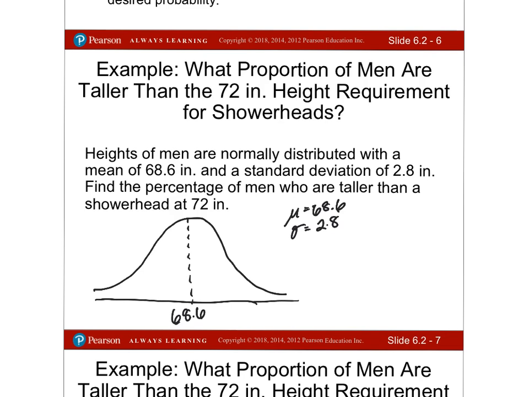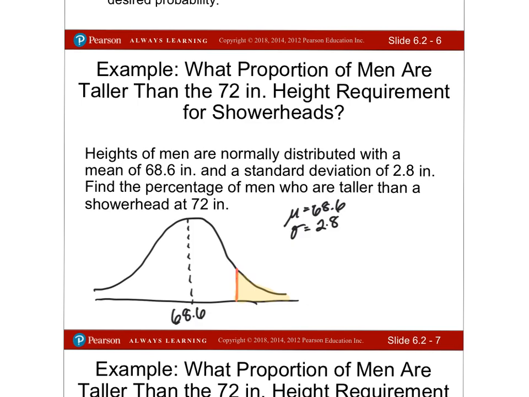Find the percentage of men who are taller than 72 inches. So 72 is going to be somewhere up here. That's where our boundary is, and we want the area greater than that. So that's the area we want.